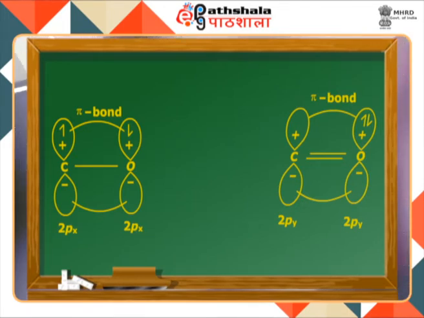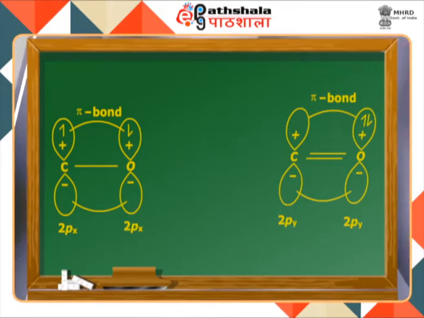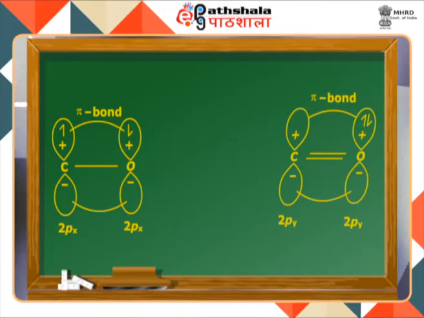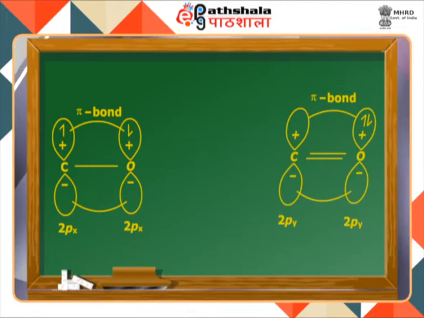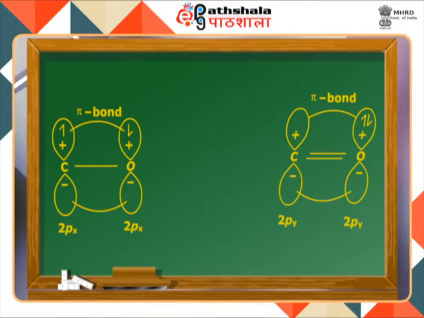The filled 2py atomic orbital of the oxygen atom overlaps with the vacant 2py atomic orbital of the carbon atom in a sidewise manner, forming an oxygen-to-carbon coordinate bond, which is also a pi bond. According to this concept, there are 3 covalent bonds between carbon and oxygen atoms in the carbonyl molecule, and both the carbon and oxygen atoms have a lone pair of electrons in sp-z hybrid orbitals.